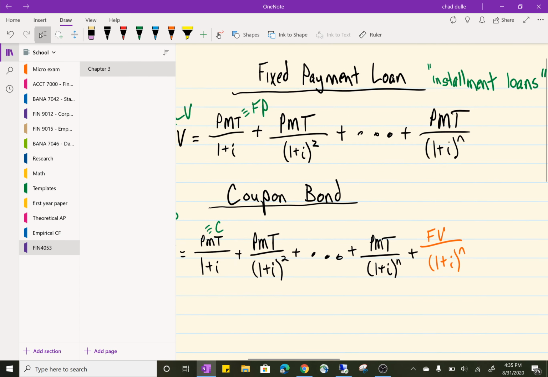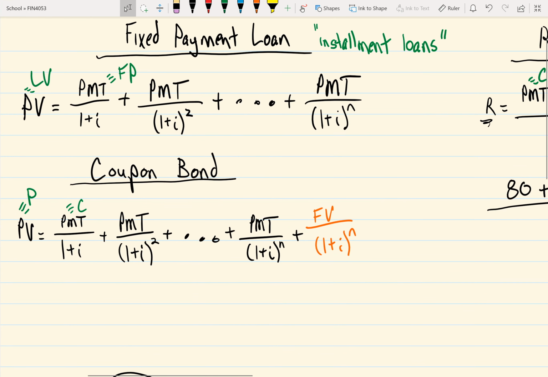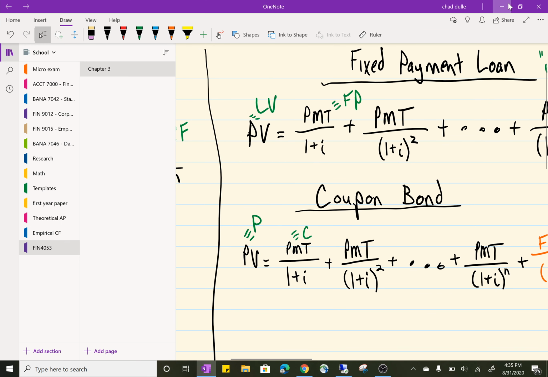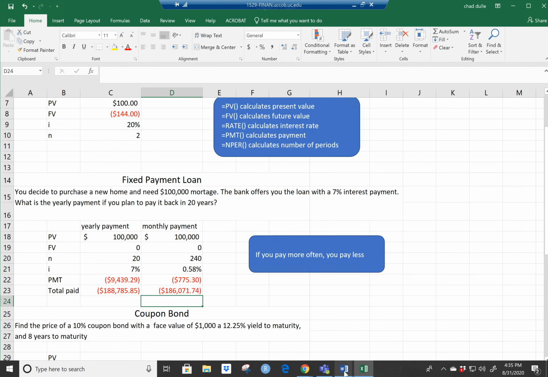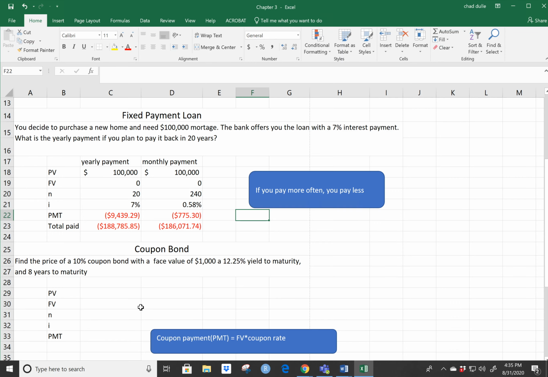So essentially, each one of these payments is a simple loan, as we did in the first example. And it depends what period it is, where this is the first period, this would be the second period, all the way up to N periods, or in this case, 240 months. That's what's going on behind the scenes. So the moral of the story here is the more often you pay, actually, the better in this case.